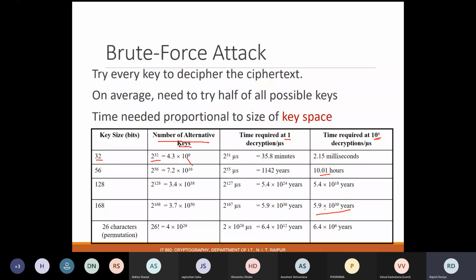Because the length of the key size doesn't ensure security. We'll see why this is not secure. Even after increasing the key size, the system is not secure. So what exactly is affecting that security, we'll see in the coming slides.